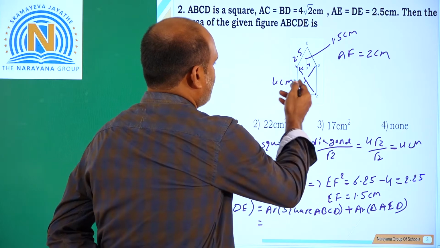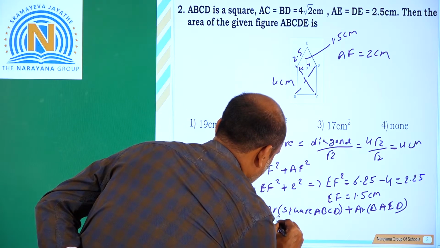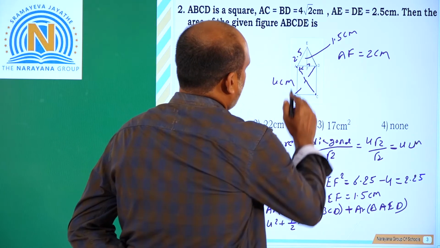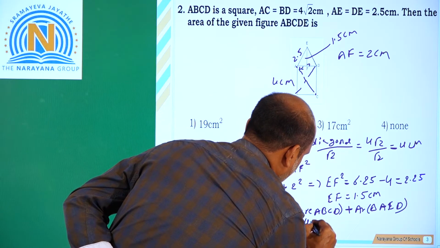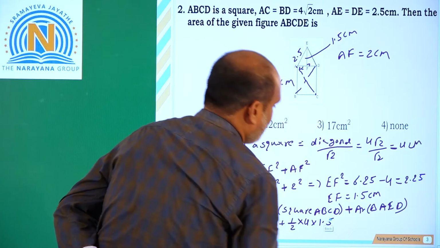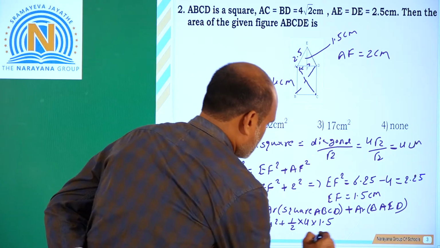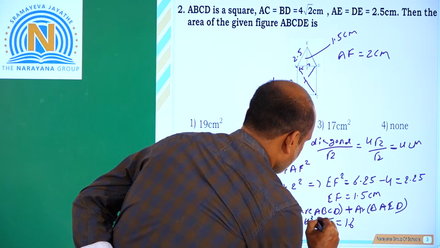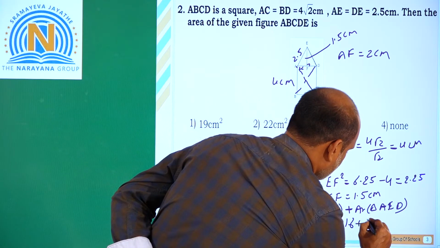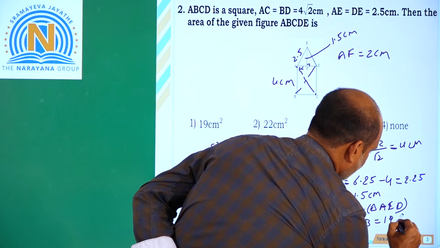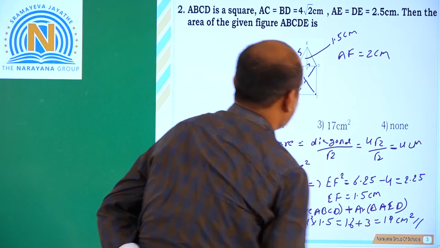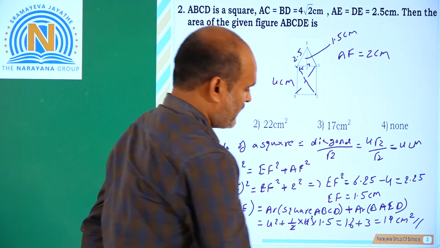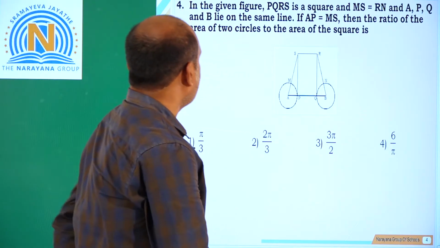The side we already found is 4 centimeters, so 4 square plus the area of the triangle, 1 by 2 into base into height. The base is 4 centimeters and the height is 1.5 centimeters. So 4 square is 16, plus 2 into 1.5, which is 3, that is equal to 19 centimeter square. Now coming to the next one.